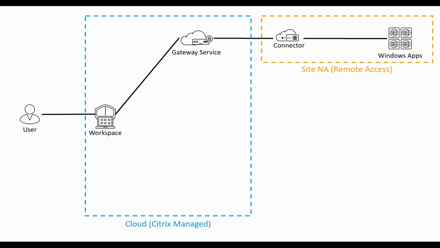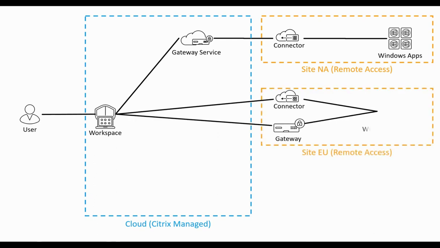With this, there's a couple different ways you can deploy it. So first, let's say you want to use the gateway service. I can have one site defined that's going to give the user remote access, where we use the gateway service. I can also have another site defined within the same workspace using an on-prem Citrix Gateway that you're running in the on-prem environment to give users in that location access remotely.